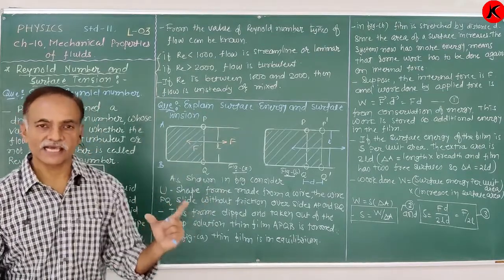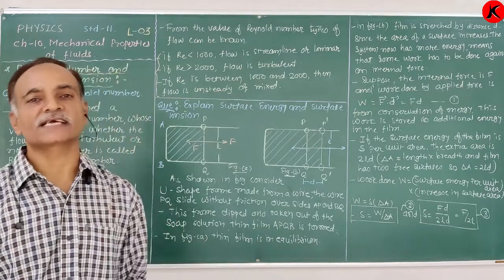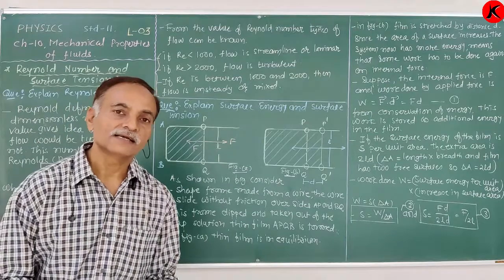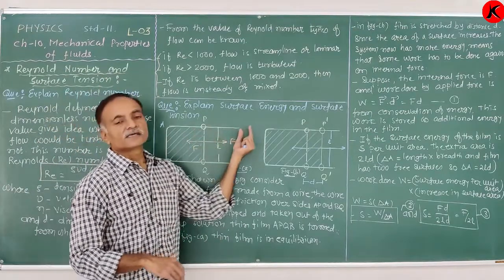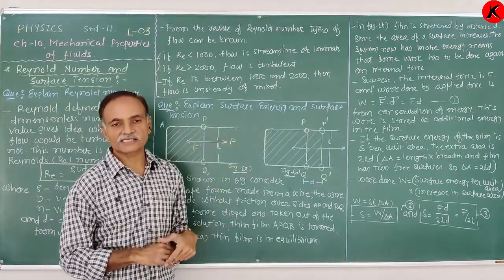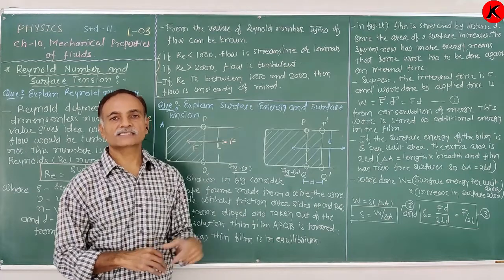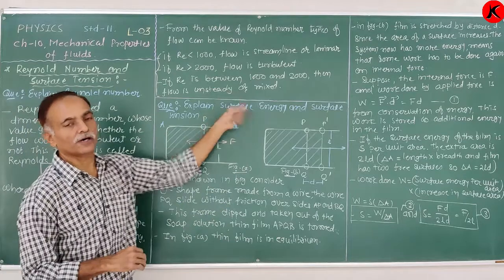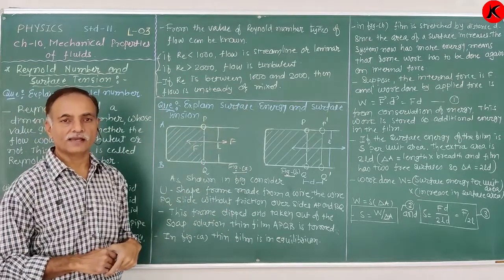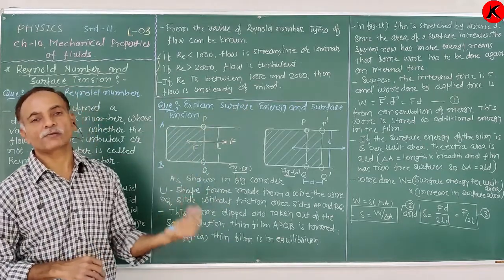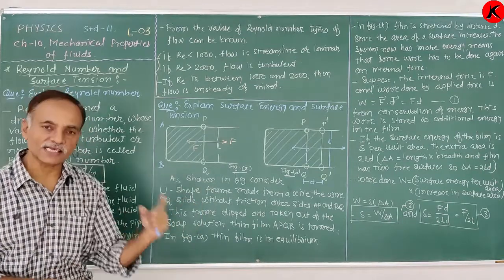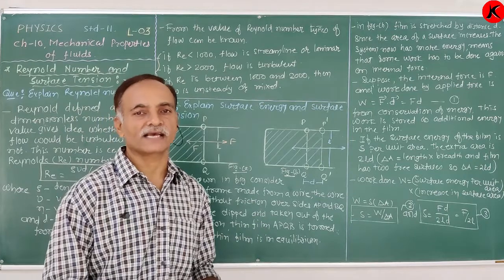Every system has the tendency to minimize its energy, and as a result, the circular surface has the minimum energy. Due to that, the raindrop, the water drop, or the air bubble in air or in water is always in spherical form. The spherical surface has the minimum surface energy.